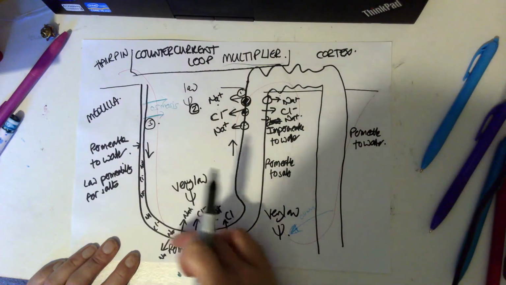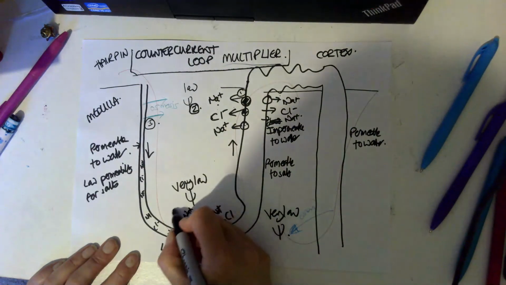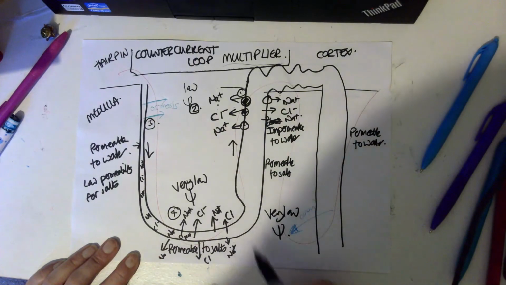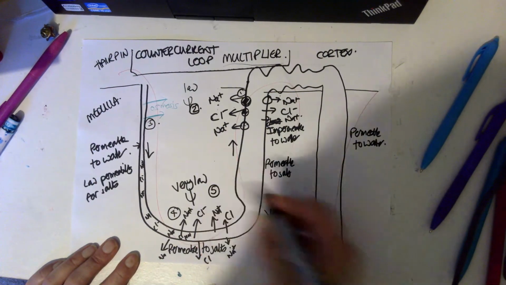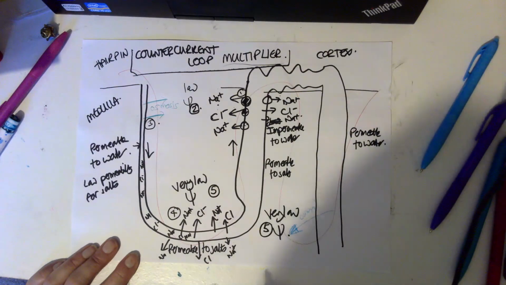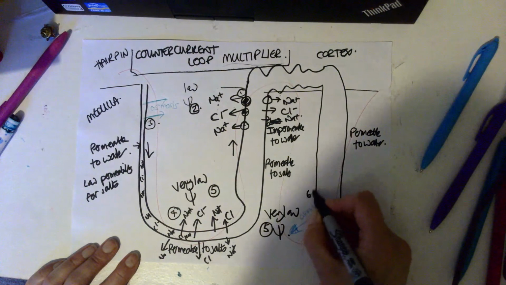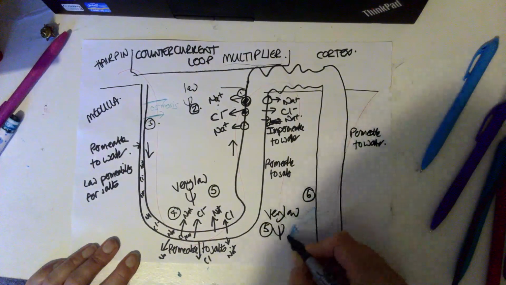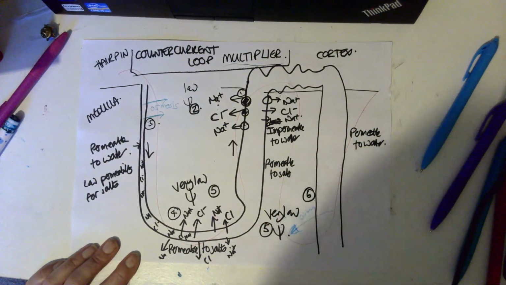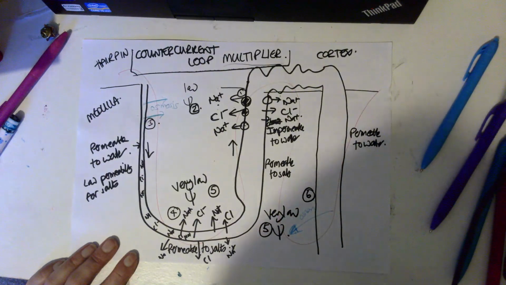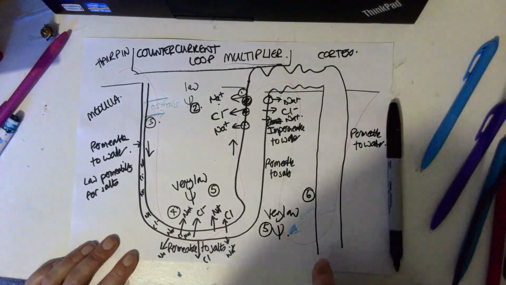Well, they're going to become more concentrated, so they're going to diffuse out. What's then going to happen to the medulla if salts are everywhere down here? It's going to create a very, very low water potential in that area. So therefore, what will happen to the water which is in the collecting duct? It will get drawn out by osmosis and then move into the capillaries surrounding it. Marvellous. So any questions, please do ask.